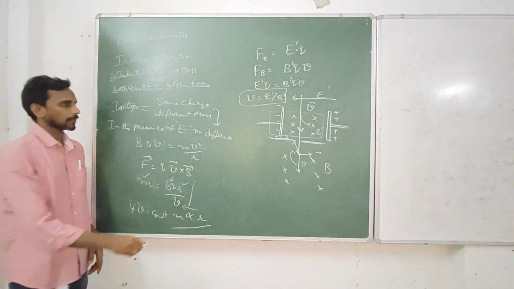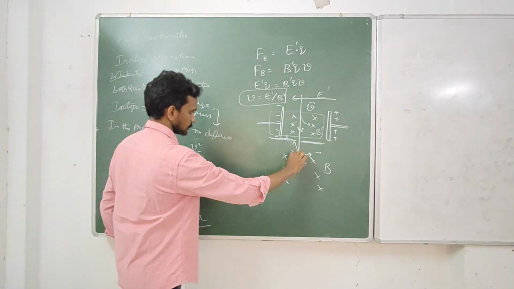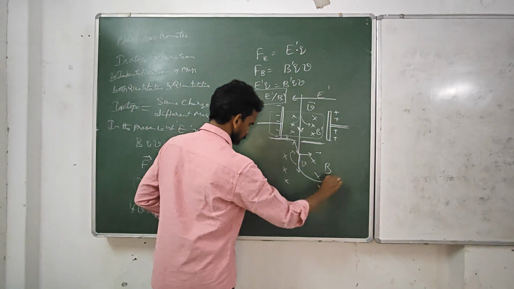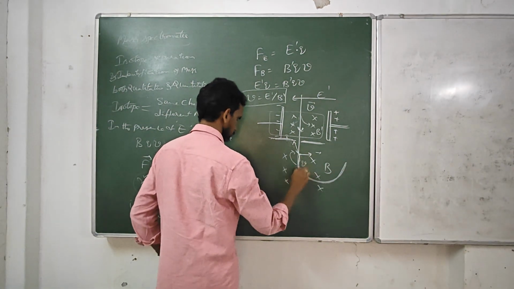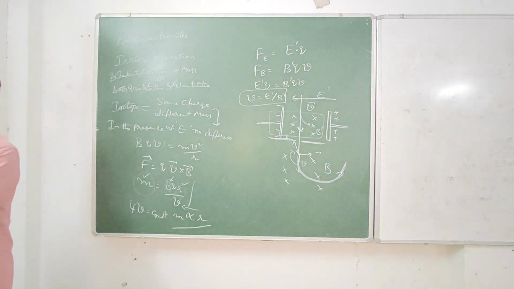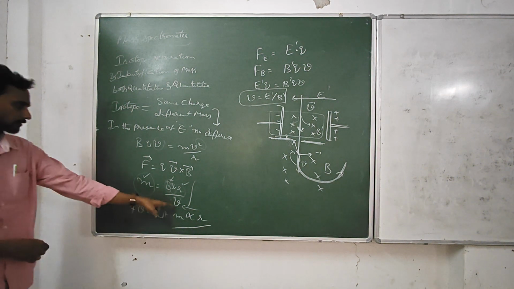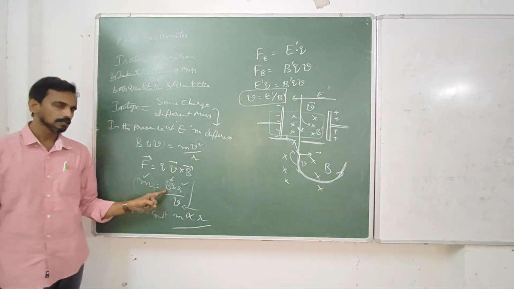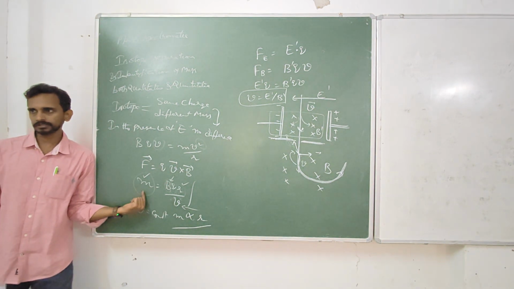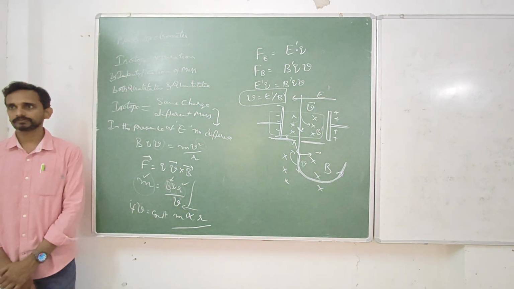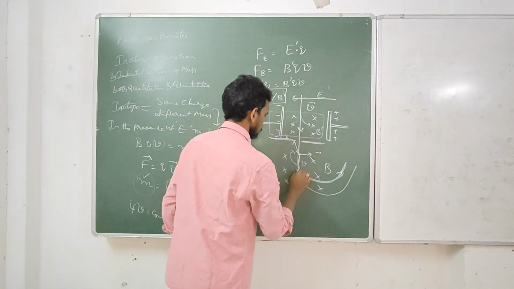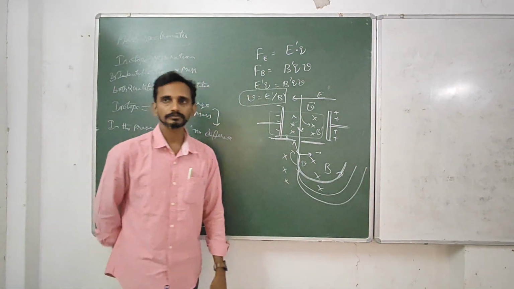Now the particle enters the second stage. What happens? It experiences a circular motion towards the right. Now what is the control parameter? Velocity is constant for all, charge is constant for all, magnetic field is also constant for all. If mass changes, radius changes. Right? So, the more the mass, the more the radius.